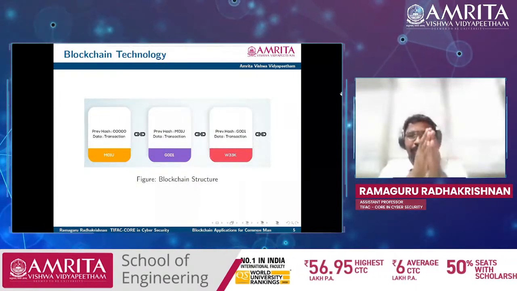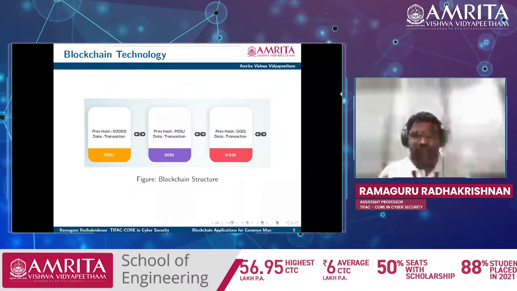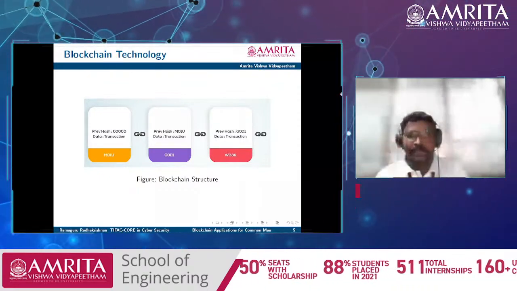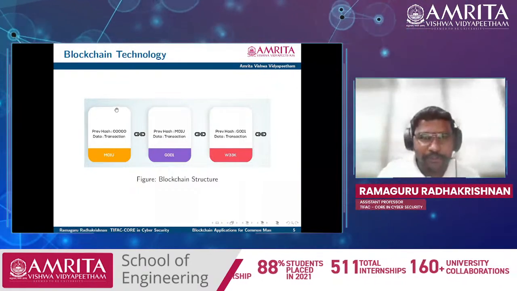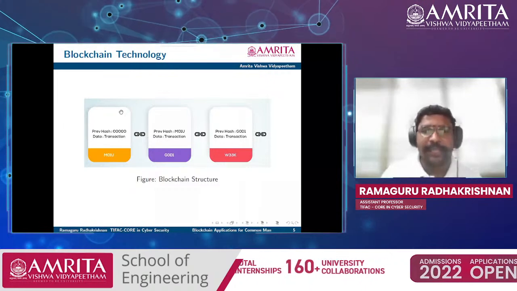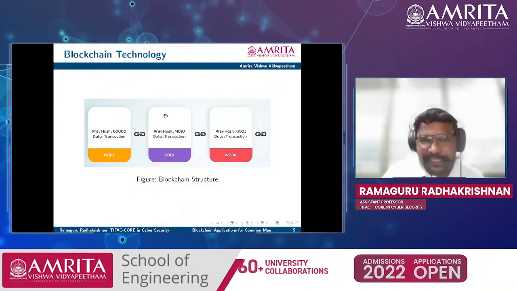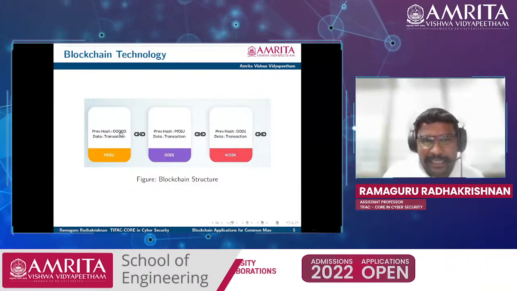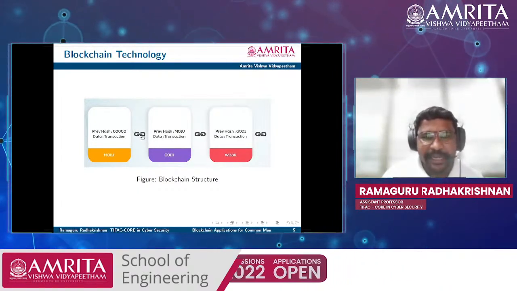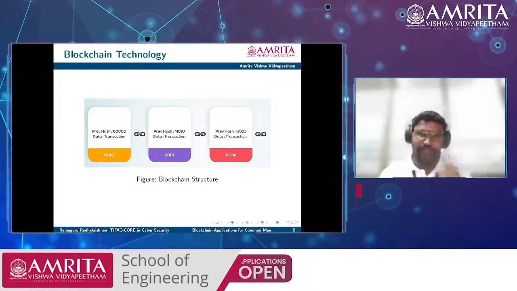If you want to visualize the blockchain, this is how a blockchain would look in simple terms. Assume that this is a block in a blockchain, and each block is interlinked through a chain. This chain is a cryptographically secure hash function.